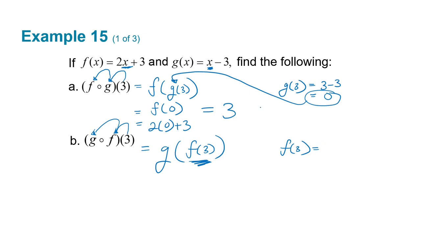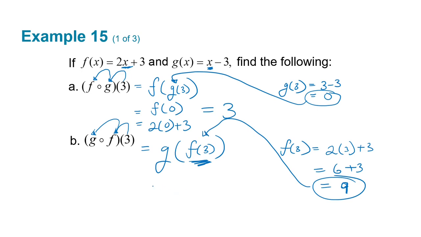F of 3 is 2 times 3 plus 3, so that's 6 plus 3, which is 9. So we'll take this 9 and plug it into the function for g. We are looking for g of 9. That's 9 minus 3, which gives us 6. And that's our solution for part B.